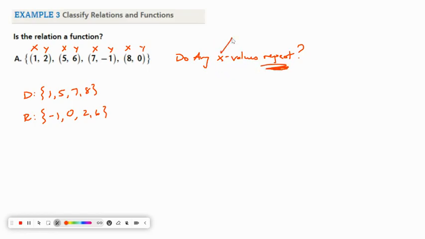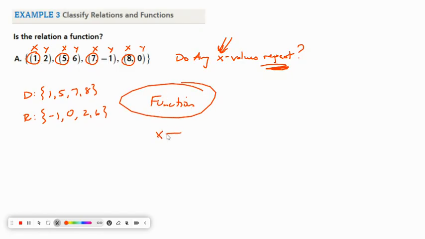And it's the x's, not the y's. If I look here, I would say no. 1, 5, 7, 8. All of the x's are new. So this is going to be a function because each x is going to belong to exactly one y.